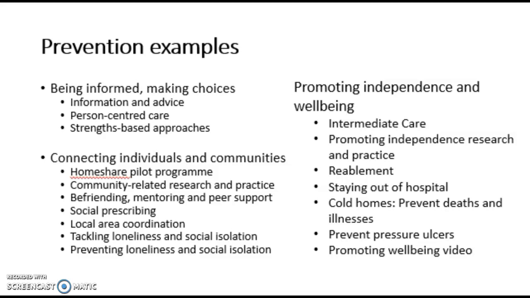There's also things around connecting individuals and communities. Examples of this are home share pilot programs, community-related research and practice, befriending, mentoring and peer support, social prescribing, local area coordination, tackling loneliness and isolation, and preventing loneliness and promoting socialization.